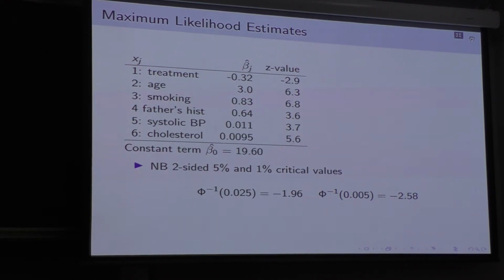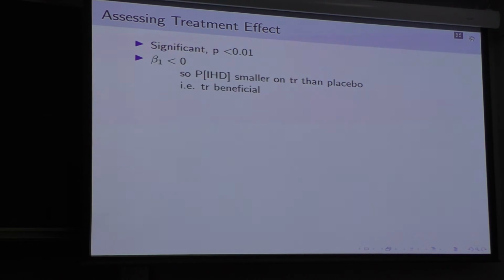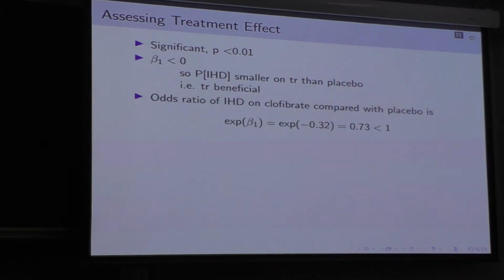So it's significant. It's negative, so that means the probability of being a success, which in this case was getting heart disease, was smaller on the treatment than placebo. So that's what we want. If your success is a nasty thing, you want it to be less on treatment. So the treatment is beneficial, seems to be working.